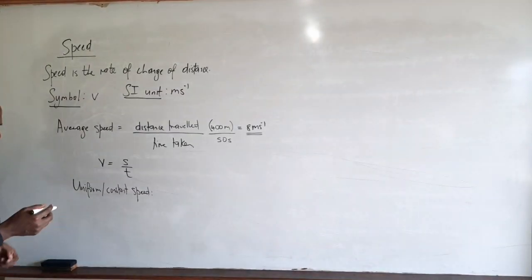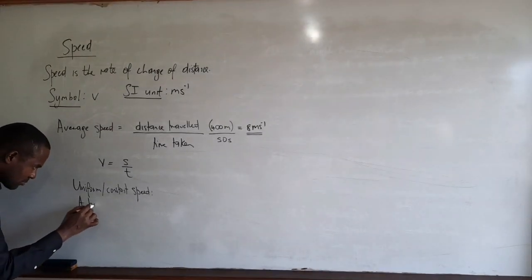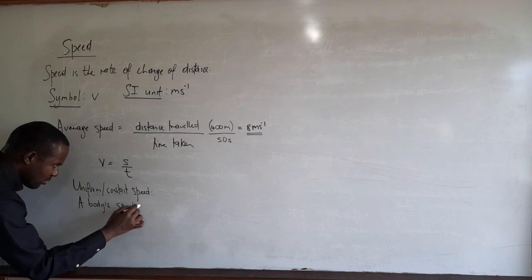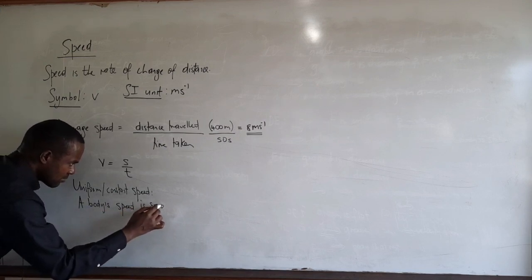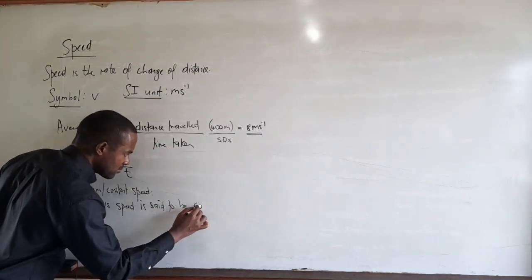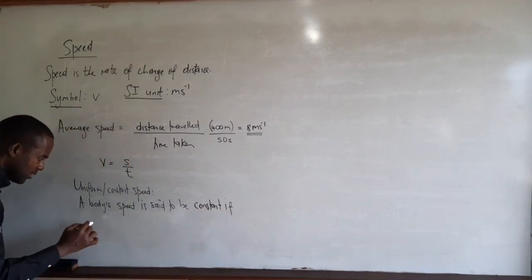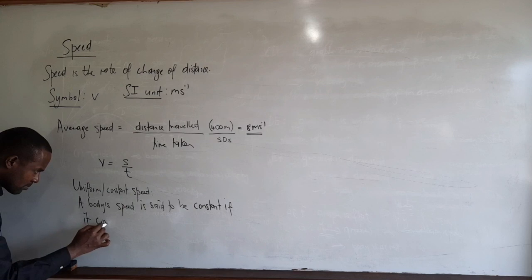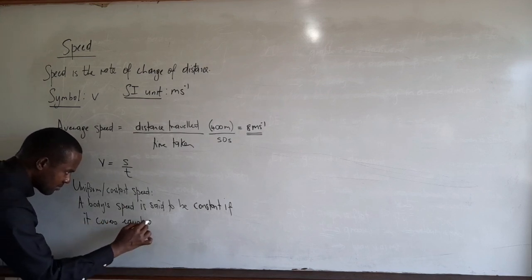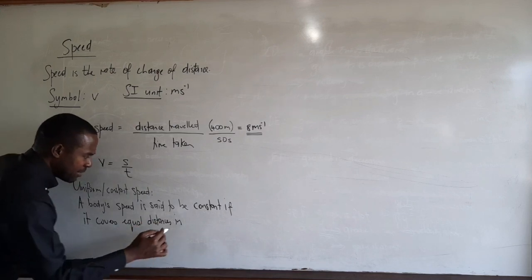So a body's speed is said to be constant if it covers equal distances in a given time period.